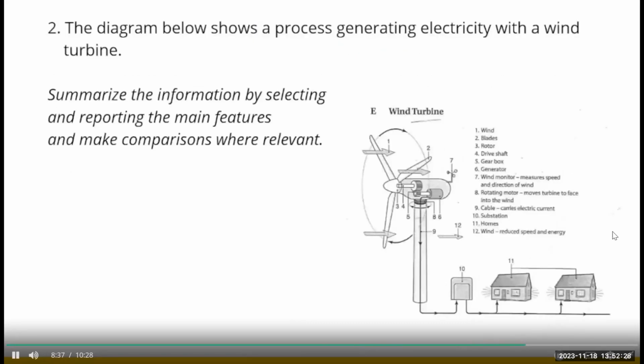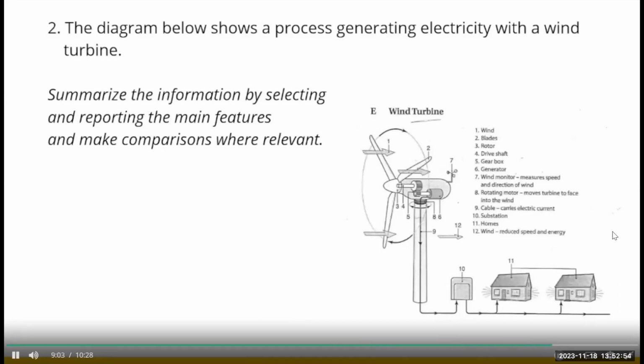The following diagram looks a little bit more challenging. And as you guys see, this diagram doesn't have two pictures, but has one big picture that has a lot of details. So in this diagram, you can see that this is a process and how a wind turbine works. But again, do not begin writing or planning without reading your prompt and analyzing your diagram.